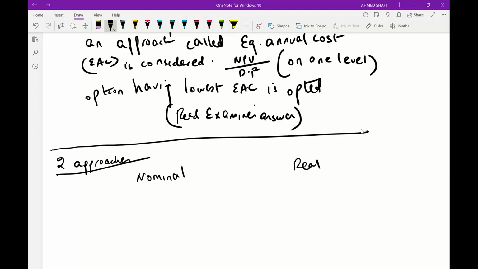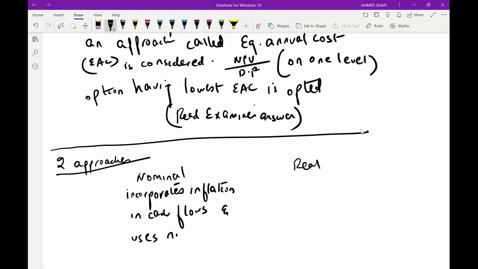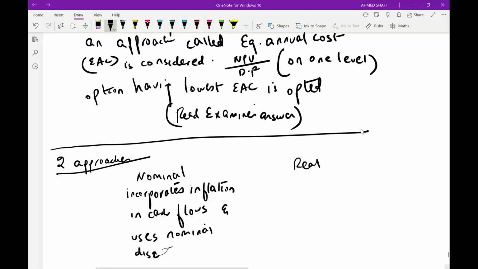There are 2 approaches of dealing with inflation: nominal approach, real approach. Nominal approach incorporates inflation in cash flows and uses nominal discount rate.